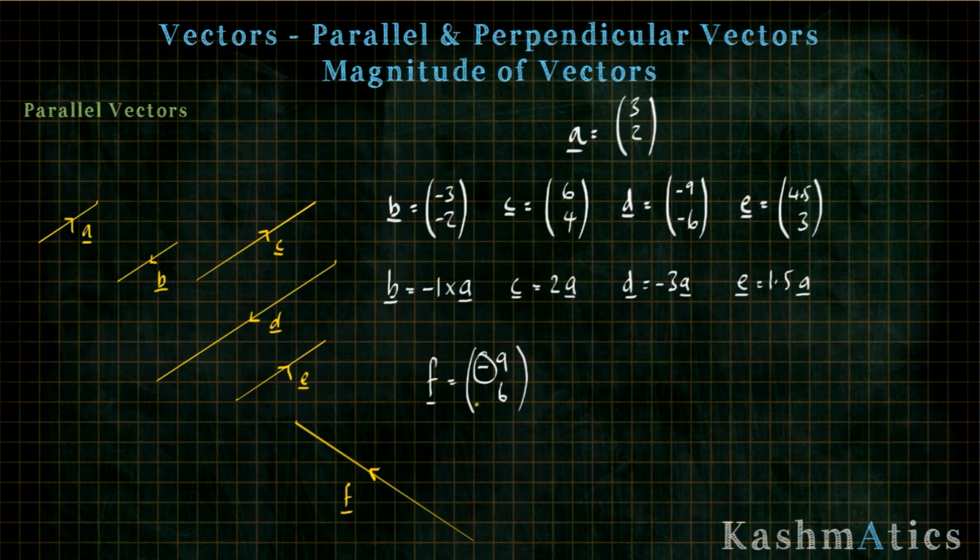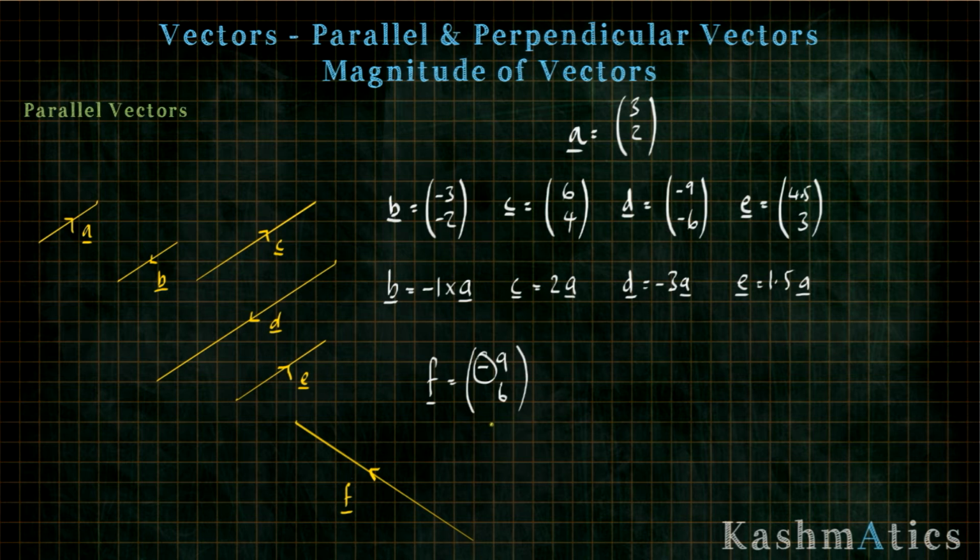It's not quite 3 times that vector, and it's not minus 3 times that vector either, because 3 times that vector would be 9, 6, and that isn't minus 9, 6. And minus 3 times that vector would be minus 9, minus 6, which this isn't either. If you're not careful, you might think a vector is parallel to another when it actually isn't. So please make sure you take careful note of that.